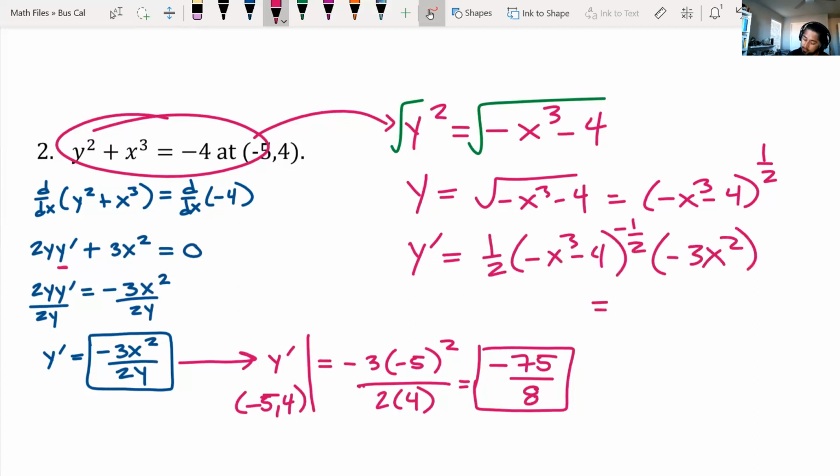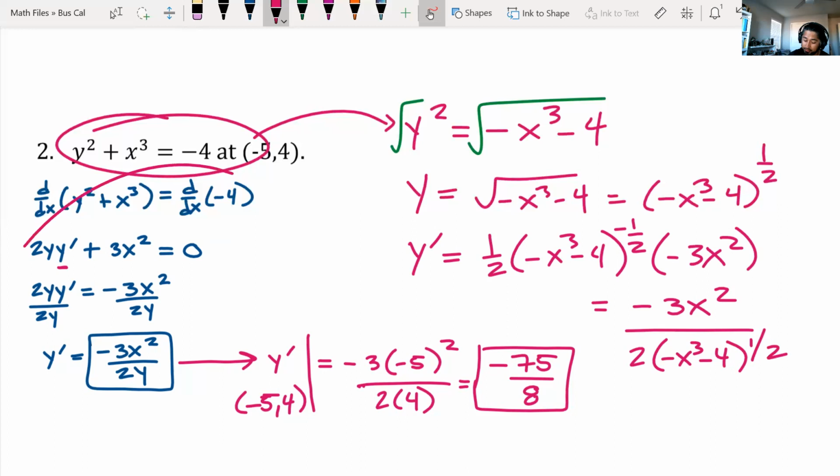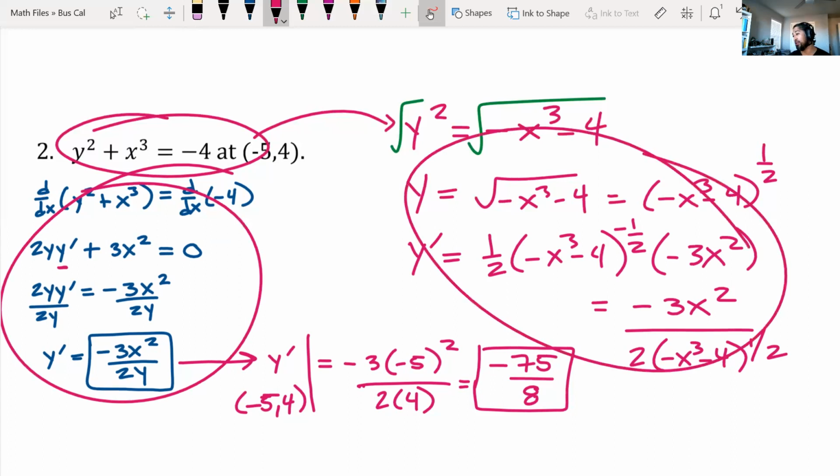Meaning that this would become, if I rewrote everything, negative 3x squared over 2 times negative x cubed minus 4 to the 1/2. Now, tell me which one looks easier, the one I just did or the implicit? The first one. The first one. That's why implicit was created, so we don't make our lives miserable with this.